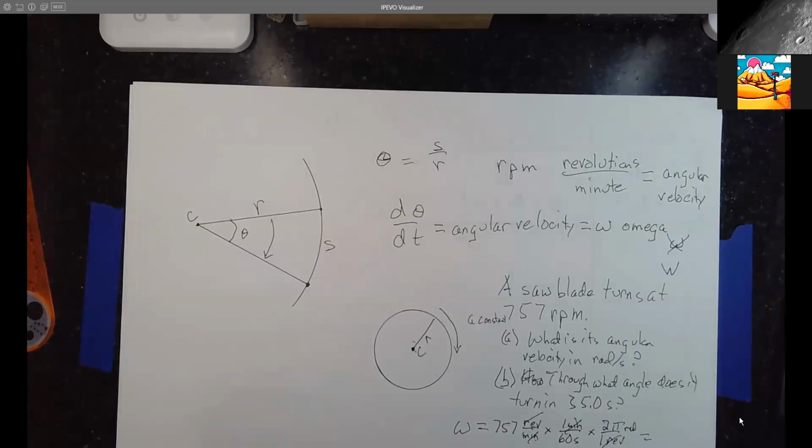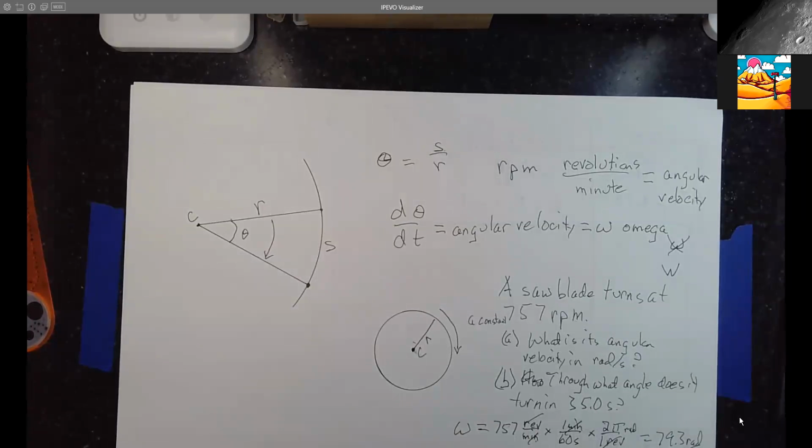And it's easy enough to do that. And I get about 79.3 radians per second. So that's the first part there, angular velocity in radians per second.